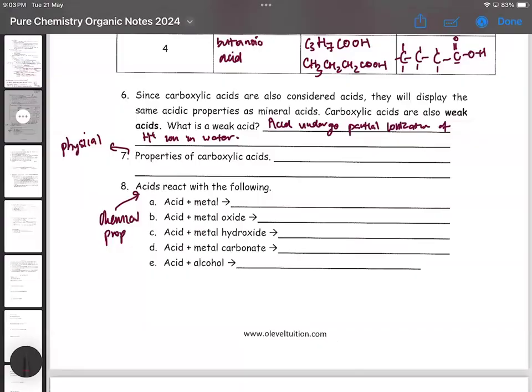I'll write down the answer for chemical. These are very straightforward also. While you are recalling what the physical properties are, A to D you have done before.